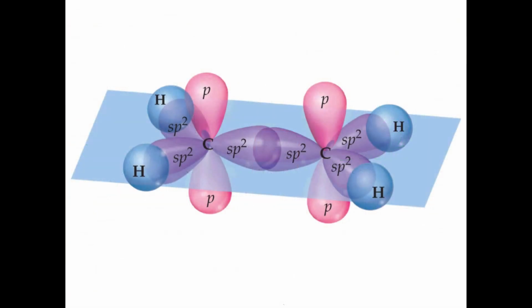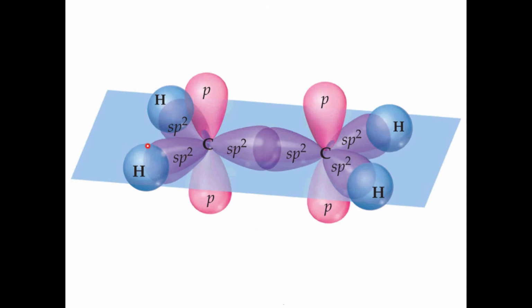Here is a diagram of precisely what I've been talking about. We have a carbon atom with 3 sp2 orbitals distributed in a trigonal planar arrangement around the center. And I've highlighted this plane with a plane. And you can see that these 3 sp2 orbitals are being cut by this plane.